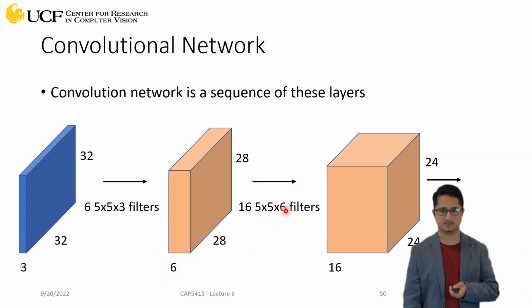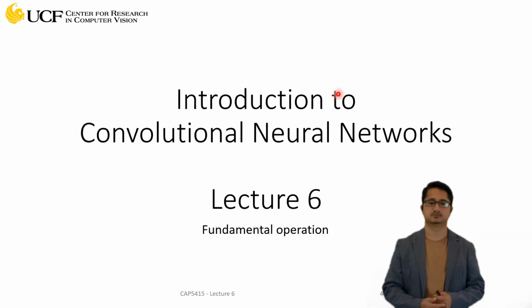And this 16 will give you 16 different activation maps, and that's why you have this volume. Of course, the X and Y is going from 28 to 24, which is fine. As I said, we'll talk about that later. So this is a 2-layered convolutional neural network. You can just keep building layers on top of these. The operation will not change.